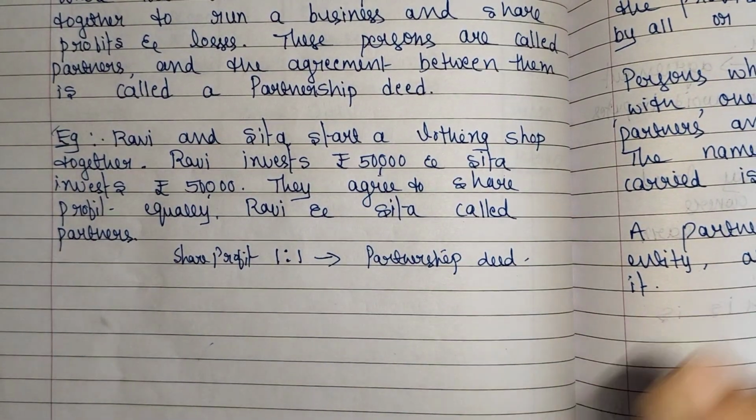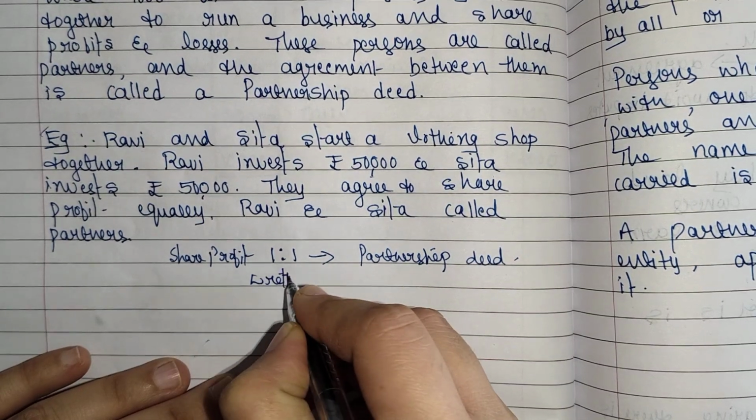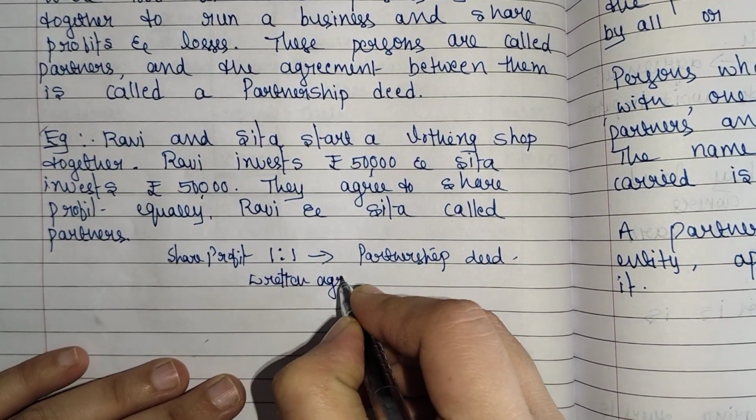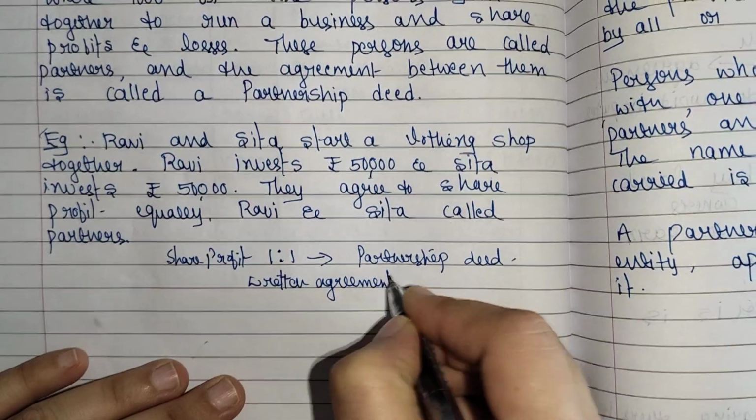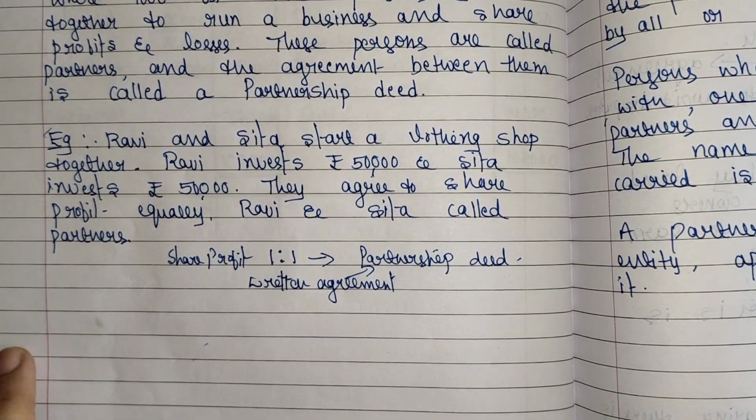This written agreement is called the partnership deed. Till here it is clear, right?